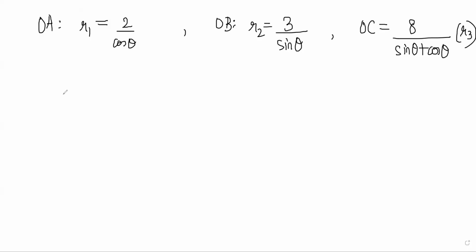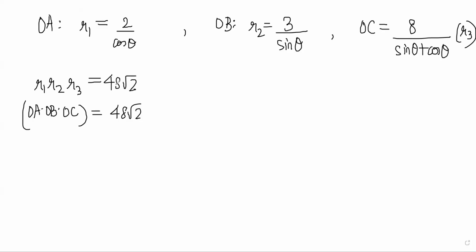Now, the question also gave us the information that R1, R2, R3, which is basically OA times OB times OC, is equal to 48 root 2, right? So this is equal to 48 root 2, and we'll try to solve this to find our theta.